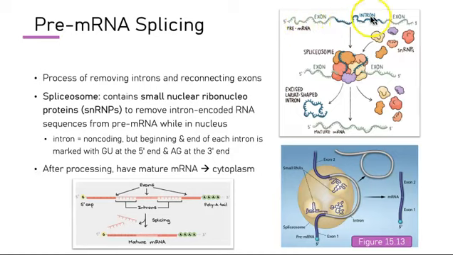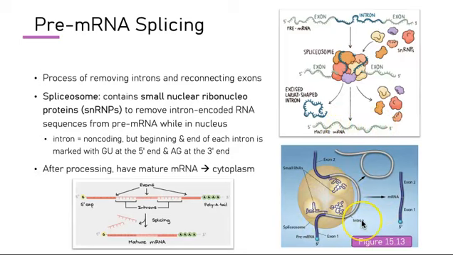So if you look at this mRNA strand over here, we can see that we've got 2 exons here with the intron in the center. The mRNA strand is going to kind of wrap around or within this spliceosome, and essentially it is going to cleave or cut the intron so that we get only the exon left.